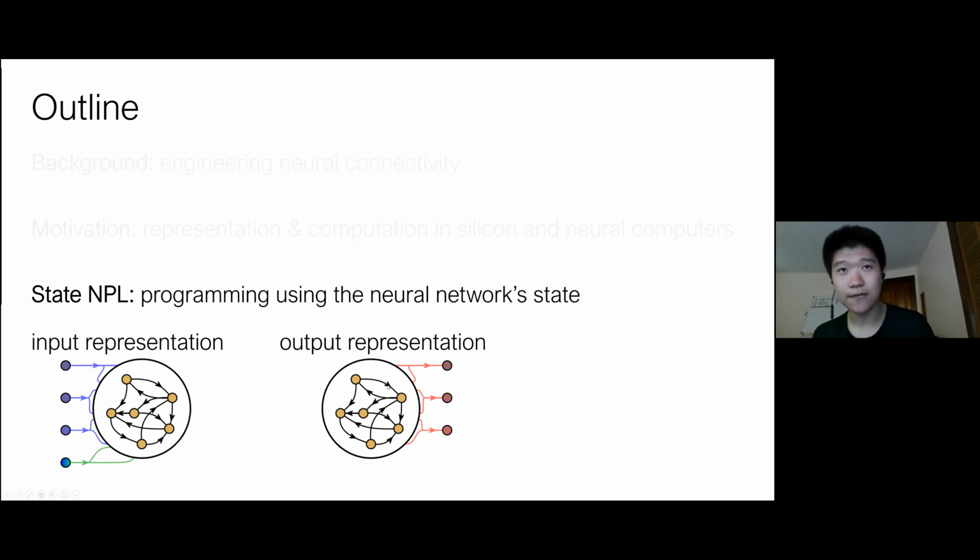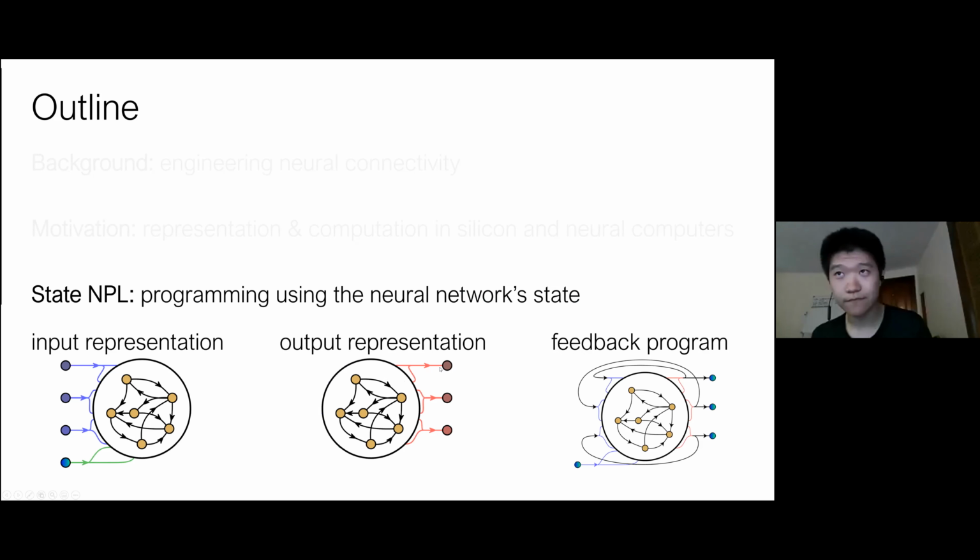The second is the output representation, which is how we can use the representation in the neurons to give us a particular output that we want. And finally, the magic is going to happen by performing feedback and setting the outputs back as inputs.